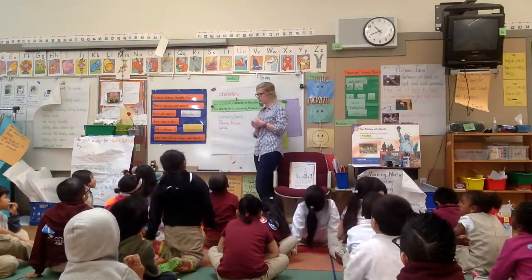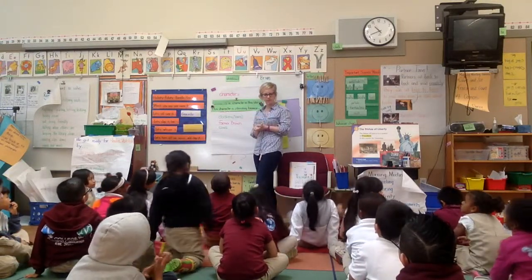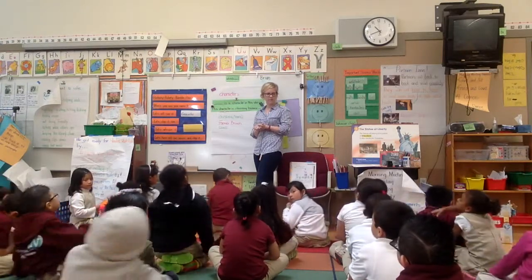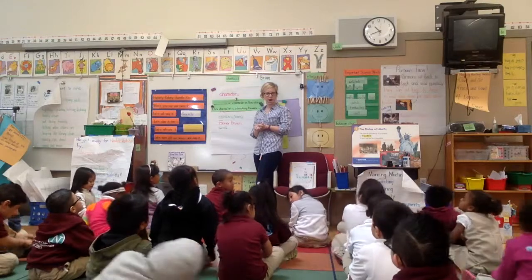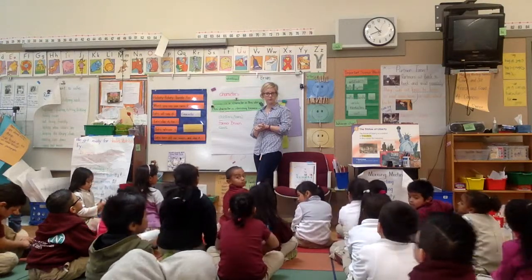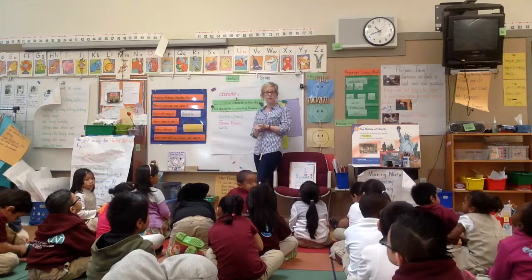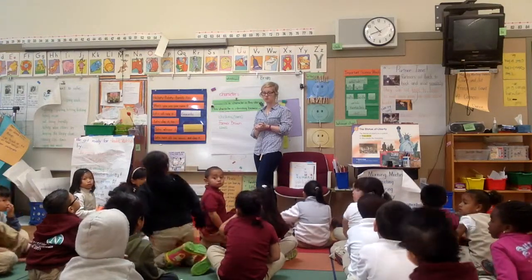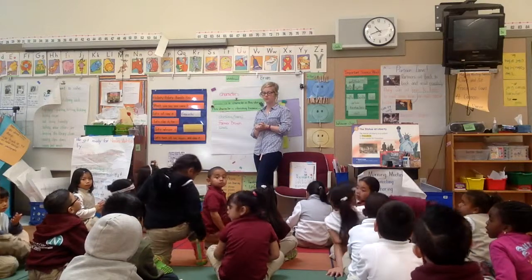I'm so sorry, Veronica. Hold on one moment. Friends, our voices need to be off. Our voices need to be off. Can you go back to your seat, please? Carlos. Go back to your seat.